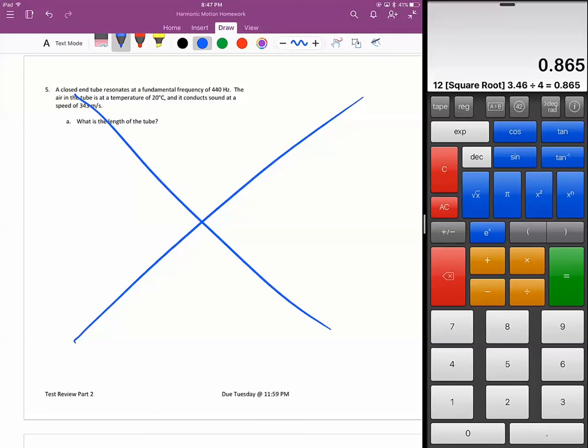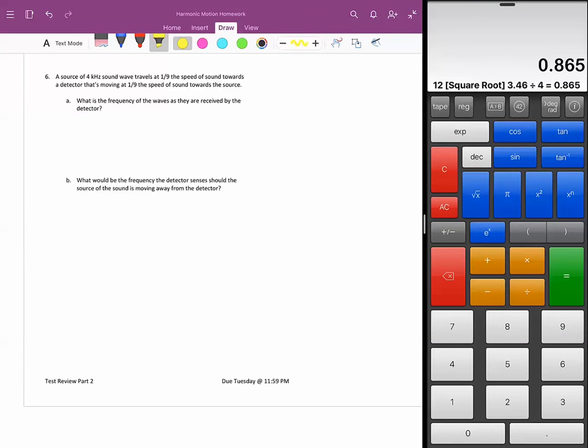Now, moving on to number 6. You have a frequency of 4 kilohertz. A speed of 1/9 of the speed of sound for the source, and a speed for the detector of 1/9 of the speed of sound.